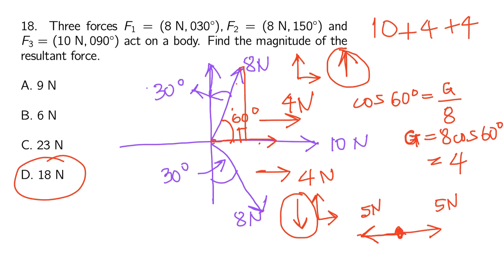If this time I tell you that this is not 5 newtons but actually 4 newtons, then there's going to be an imbalance of 1 newton on this side, so the resultant is just 1 newton. So these are things you have to know, how to play with these forces, and then you can quickly resolve them as we did in this example.